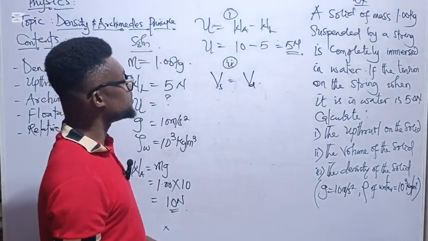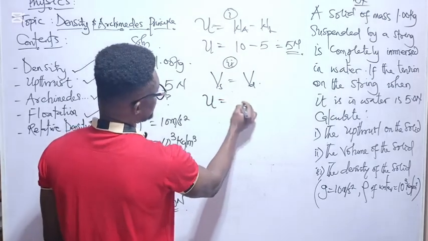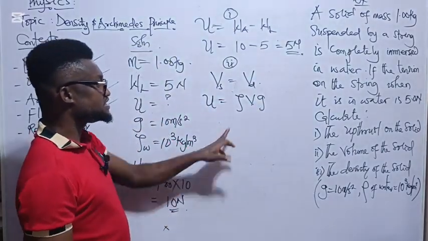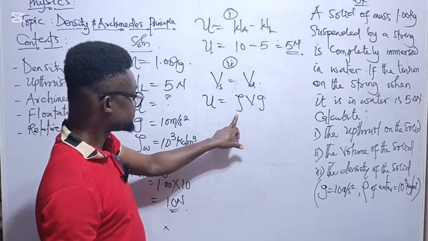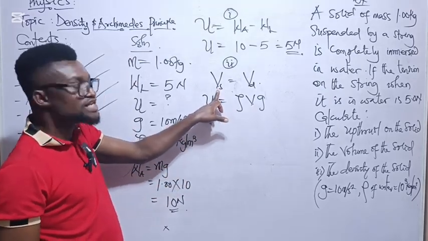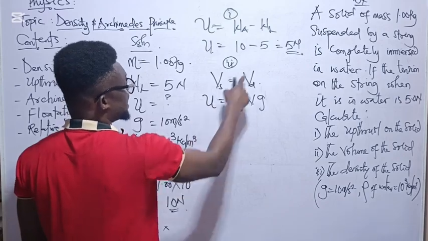So how do we get the volume of displaced liquid? From the formula of upthrust, we said upthrust is rho Vg. Here rho is the density of the water in that case, and it was given. Now the volume of the displaced liquid will be equal to the volume of the solid. So we now have the upthrust as 5 Newton.